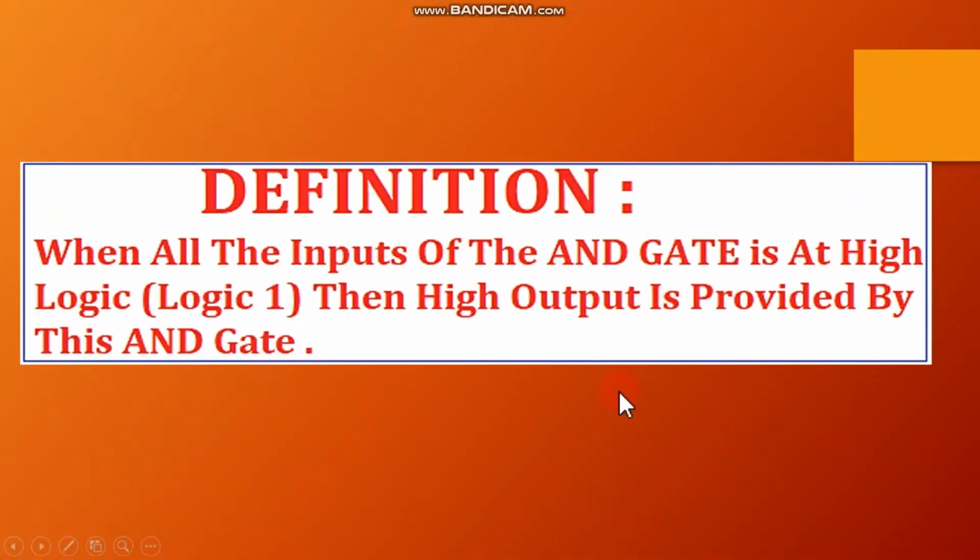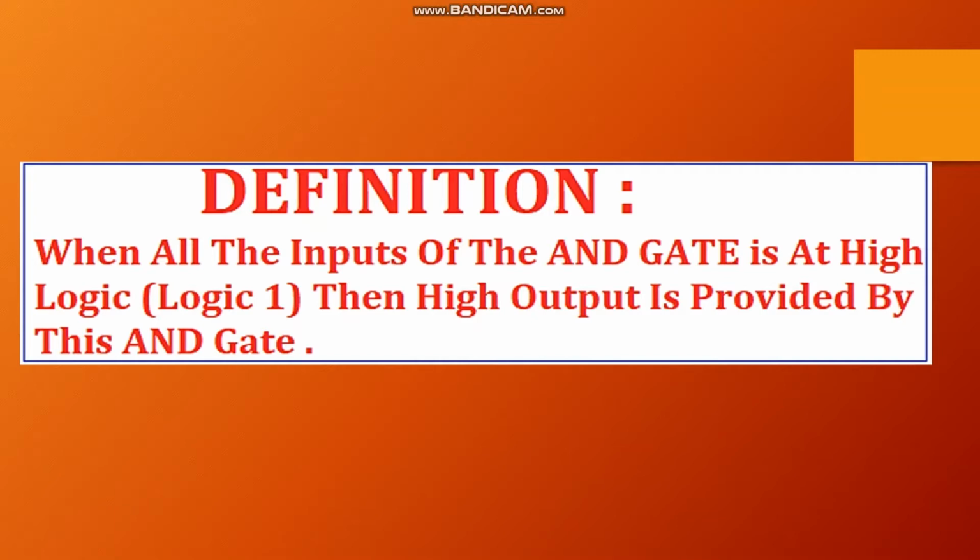Now, the screen over here displays the definition of AND gate. If you want, you can pause this video over here and jot down the definition. The definition of AND gate is: the AND gate gives the high output only when all of its inputs are at logic high.